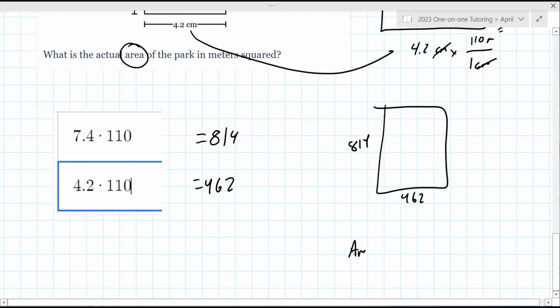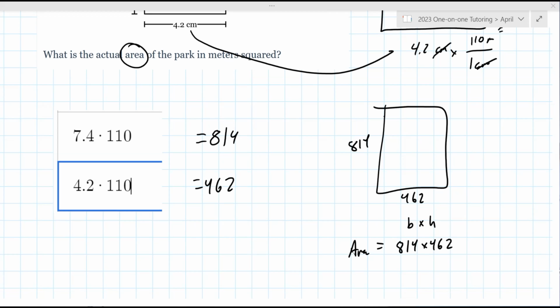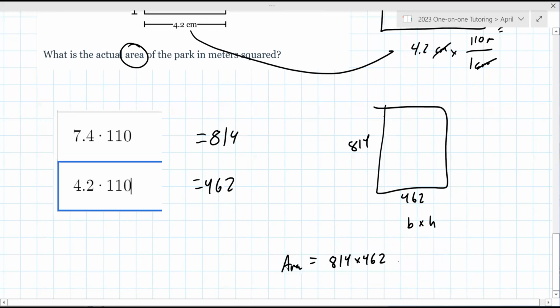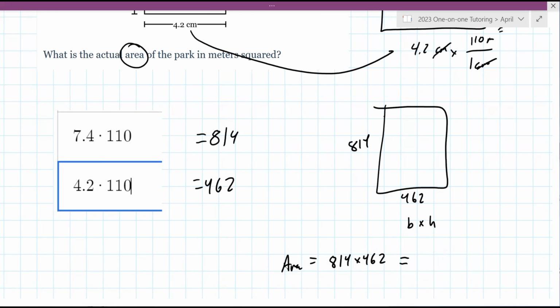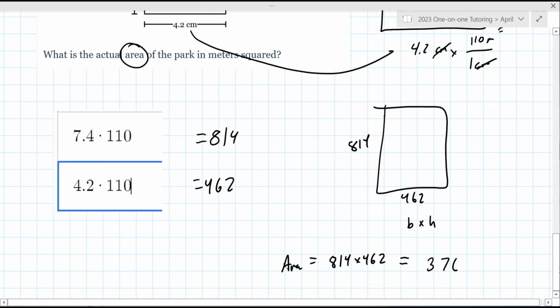So to find the area, it's base times height. 376,068. Good, very good. Okay, is that conversion stuff clear?